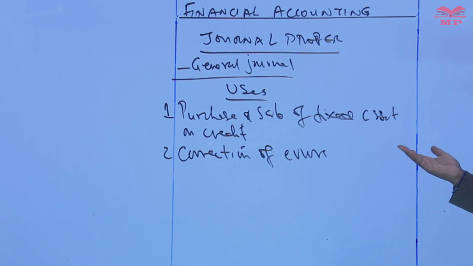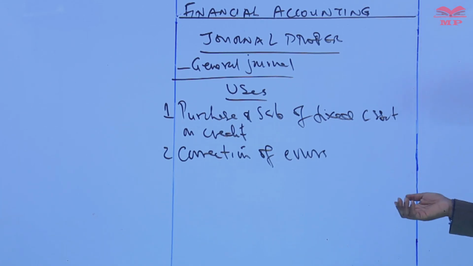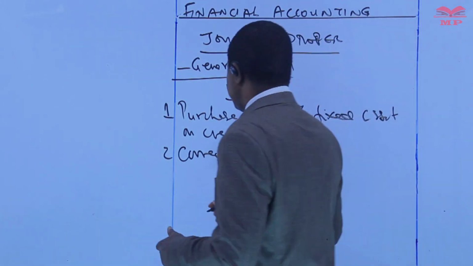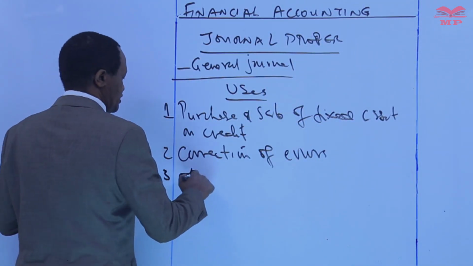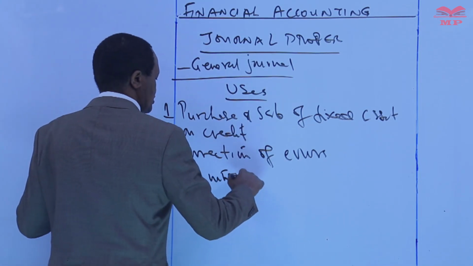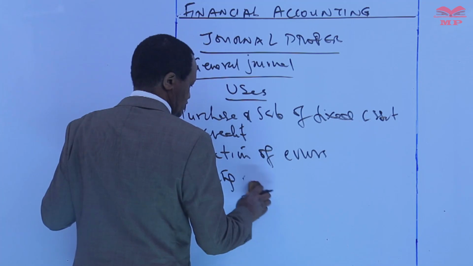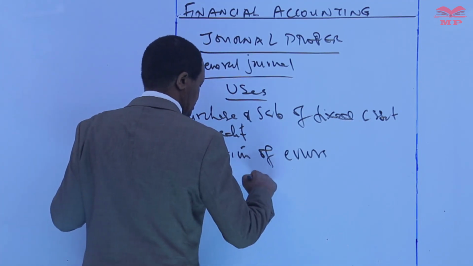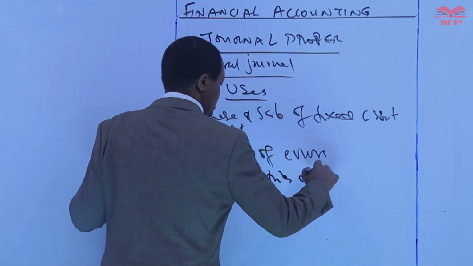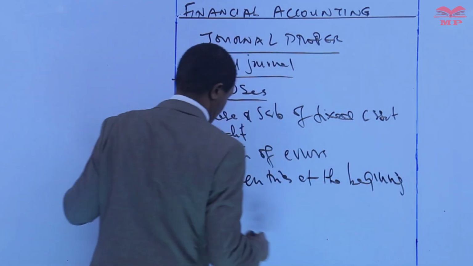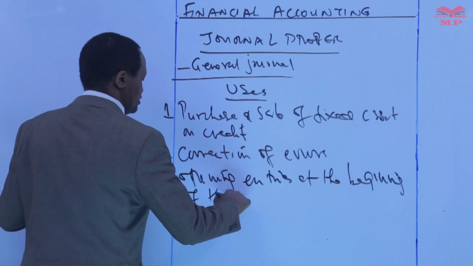of the general journal. The general journal may also be used to record opening entries at the start of an accounting period.